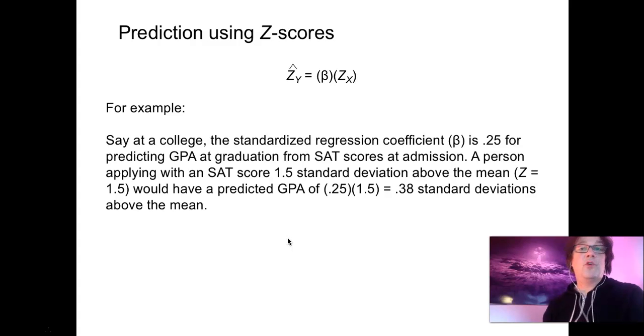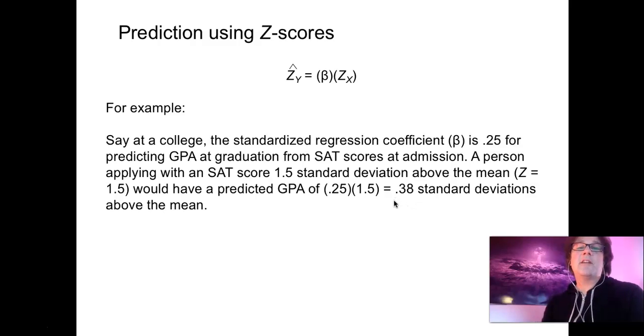So this means they're 1.5 standard deviations above the mean on their SAT score. If we enter that number into our formula, their standardized SAT score is z of x equals 1.5. So that would go here. We know the regression coefficient between these two variables is 0.25, so that would go right there for the beta weight. And we just do the math, multiply those two.